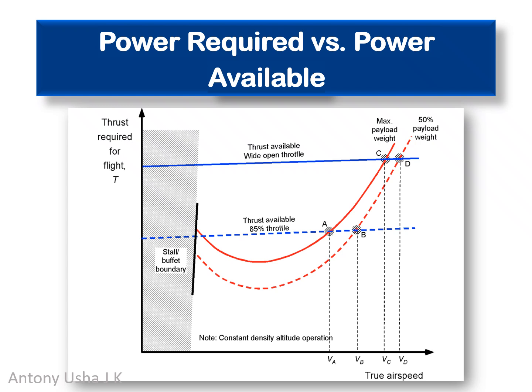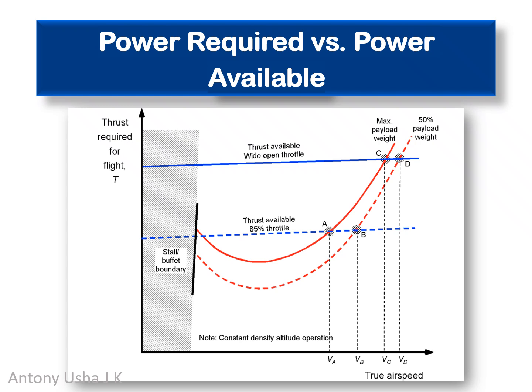As speed increases, the thrust required initially decreases, reaches a minimum and then rises again as drag increases with speed. The blue lines show thrust available from the engines, one for wide open throttle and another for 85% throttle. The aircraft can only maintain level flight where the available thrust meets or exceeds the required thrust.